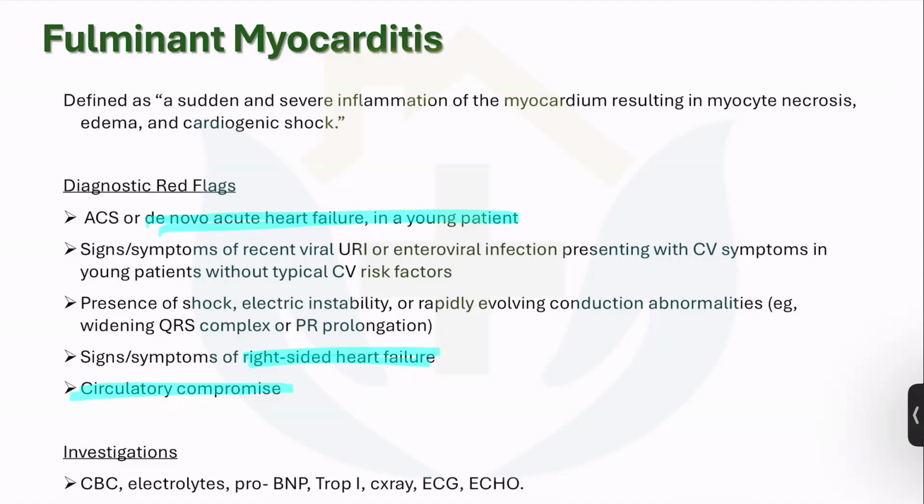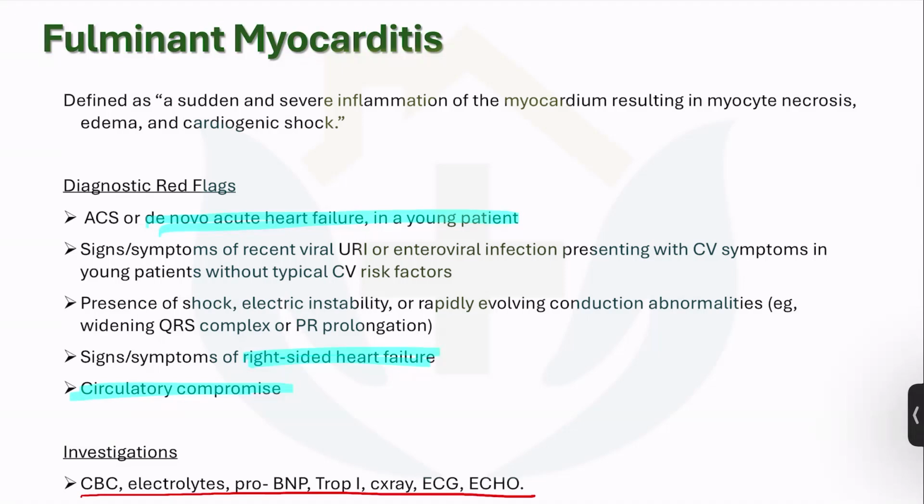the investigations will be the same, no extra points. You just have to remember that if the patient is presenting with acute shock and is young, maybe chest pain and those things after a flu-like illness, suspect fulminant myocarditis. Because in the exam they will not give you fulminant myocarditis directly, they will give you very closely related answers: fulminant myocarditis, ACS, pericarditis, pericardial effusion, maybe something like those things.